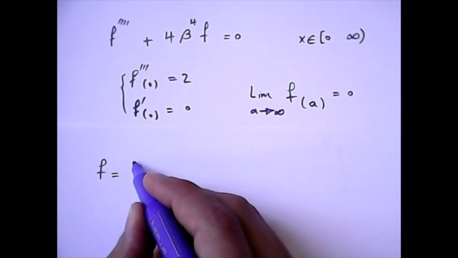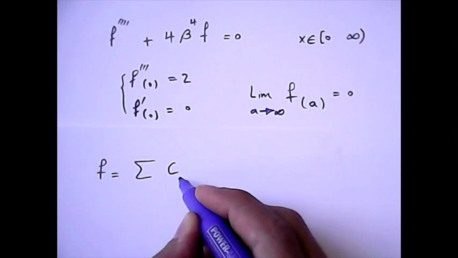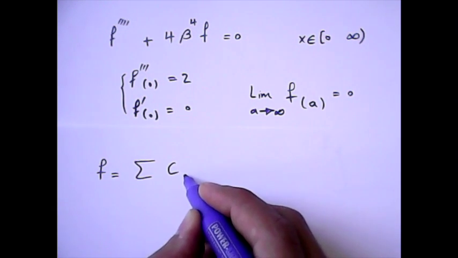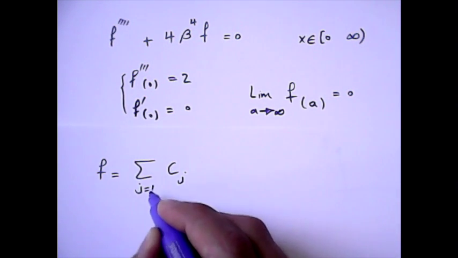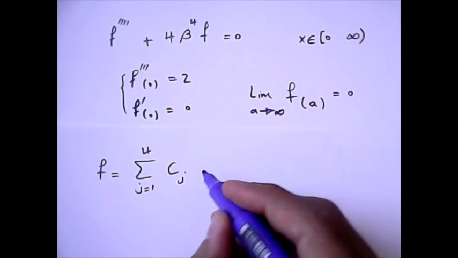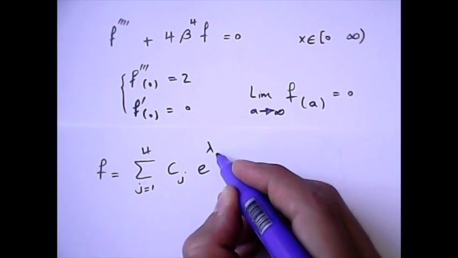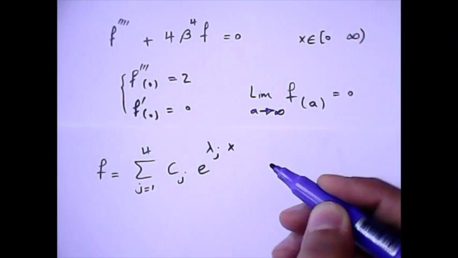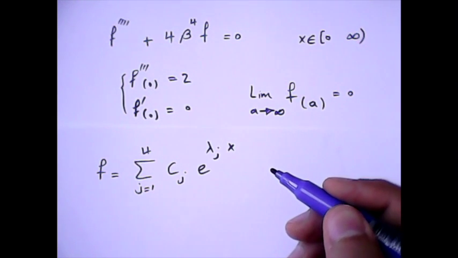I'll put them in this summation. I'll say C, let's say j, and j goes from 1 to 4. So there are going to be 4 constants times the exponential function e to the lambda j x. So j is going to be 1, 2, 3, and 4.